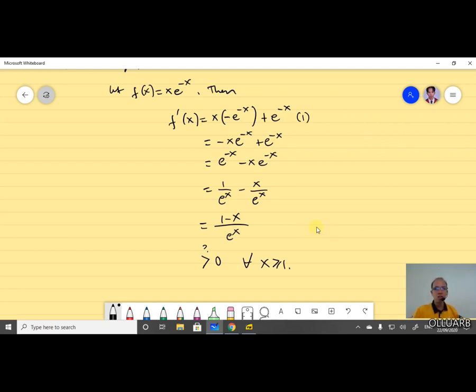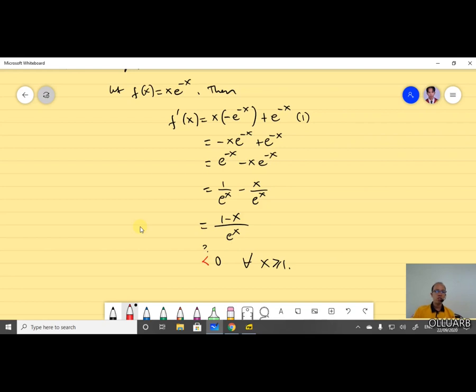So let's see. If x is 1, we have 0, and 0 is not greater than 0, but other than those values, this is clearly no. No, we have a wrong definition here. It should be less than 0.